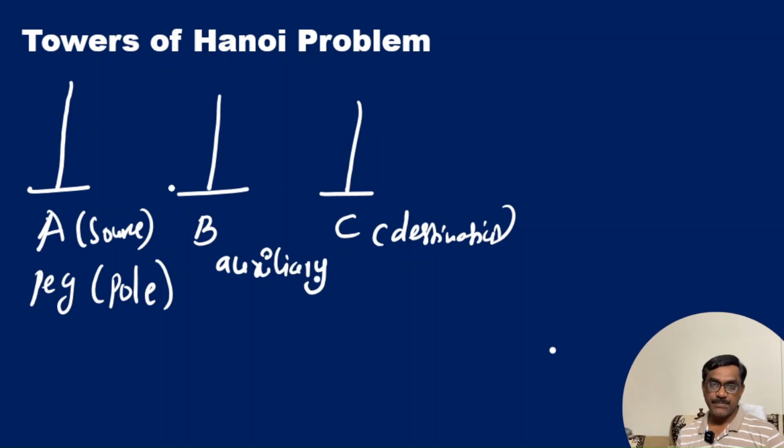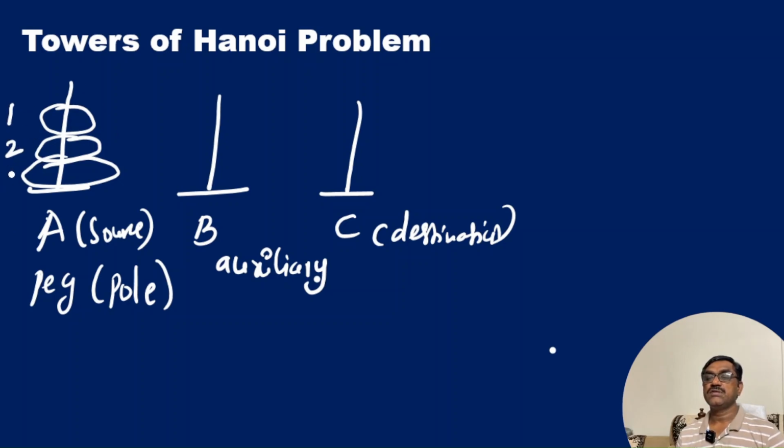We are given three pegs. In the first peg A, the source, we are given a set of disks. See, the topmost disk I am numbering 1, this is number 2, and this is number 3.